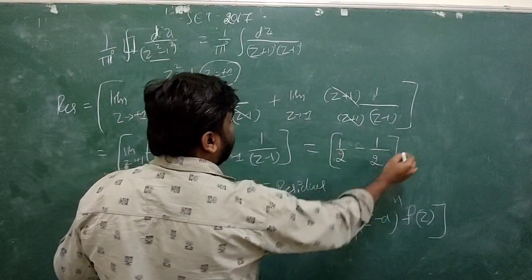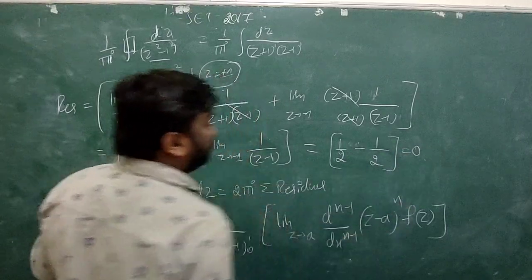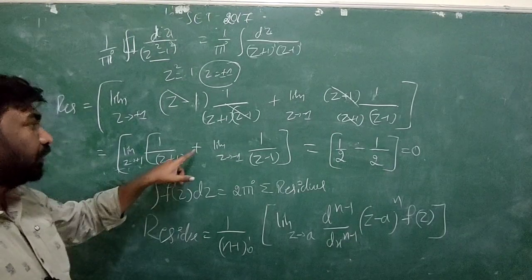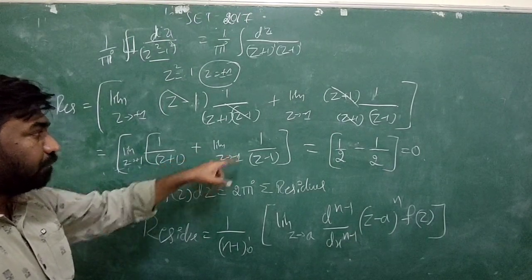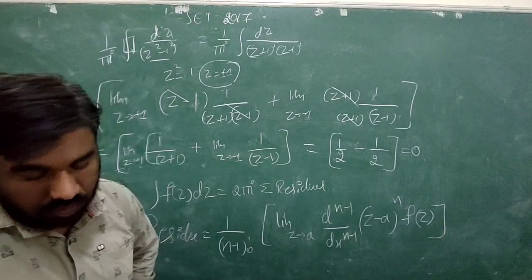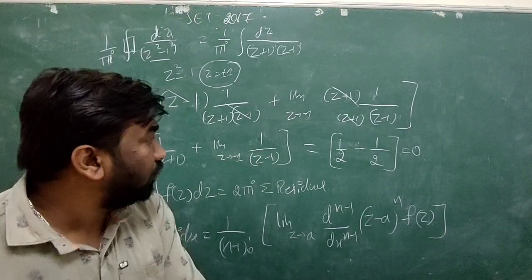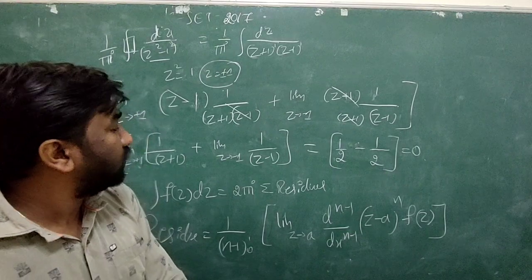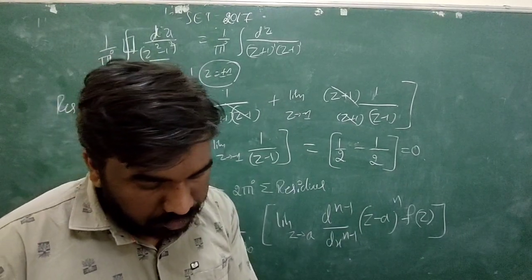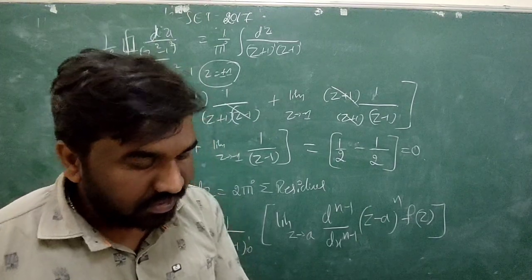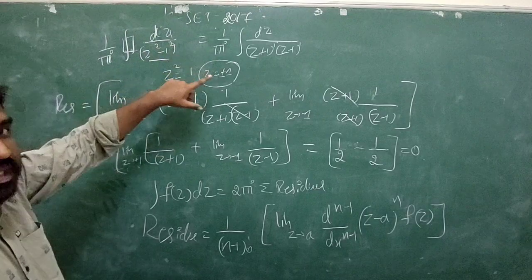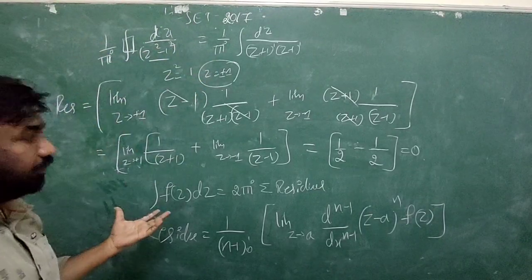So answer is 0, because 1 plus 2 minus 1 minus 2, 1 by 2. So answer is 0. So in the options, what are the given options? Option number D is correct. 0 is independent of A, because 0 is there in option number D.